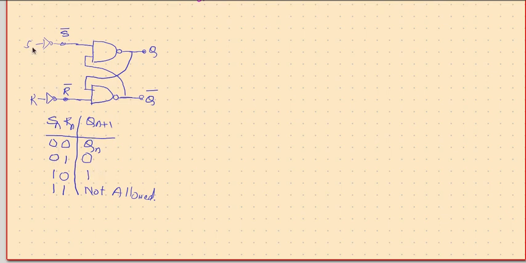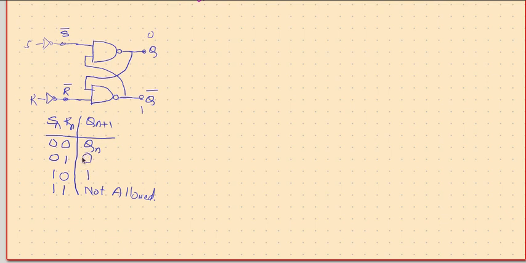If S is 0, S bar is 1, and R is 1, then R bar is 0. If this is 0, then this will be 1, and if this is 1, this is 1, therefore this is going to be 0.